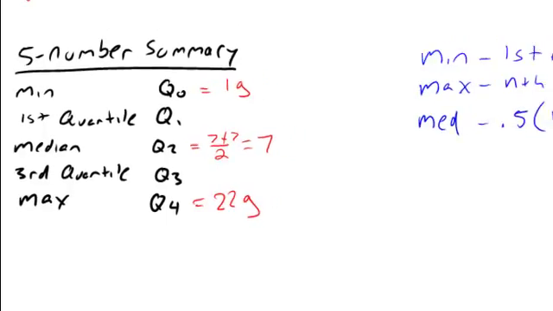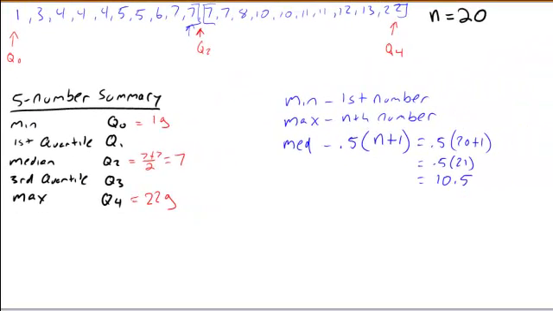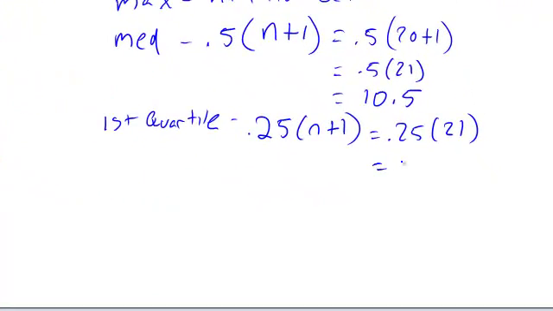Next, I'm going to find my first quartile. If 0.5 is my median, my first quarter is going to be 0.25 times n plus 1. So this is 0.25 of 21, which is 5.25 if you multiply it out.